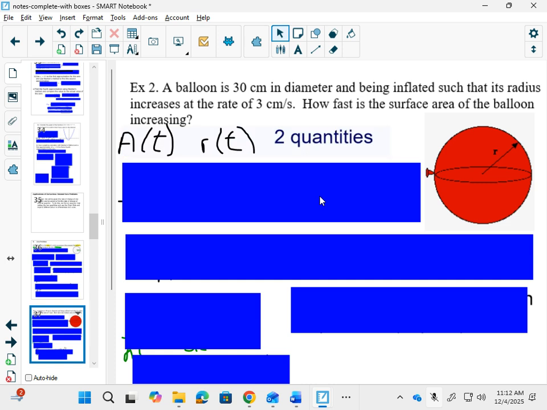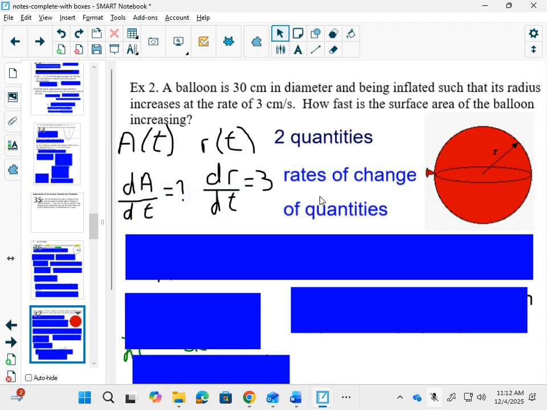So we have two things here. Our surface area has to be a function of time, and radius has to be a function of time. They're both changing with time. We want to find dA/dt. We know that the radius is changing at 3 centimeters per second.